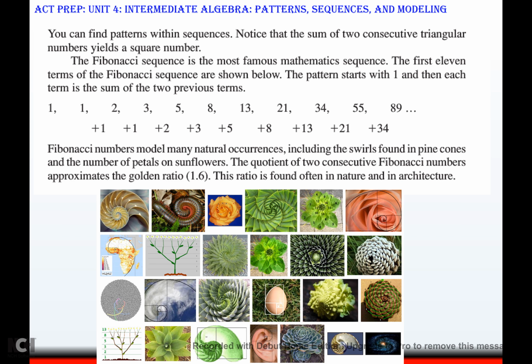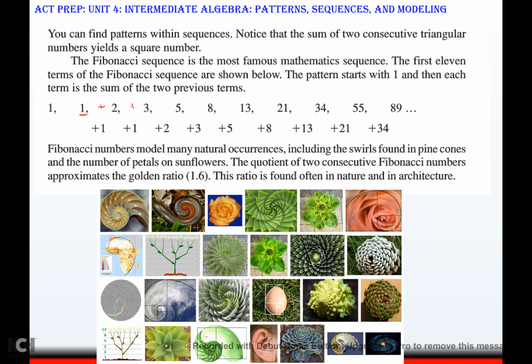The Fibonacci sequence is the most famous mathematics sequence. The first 11 terms of the Fibonacci sequence are shown below. The pattern starts with 1, and then each term is the sum of the two previous terms. So it starts with 1, and then to get this next one, if I add 1 plus 2, I get 3.